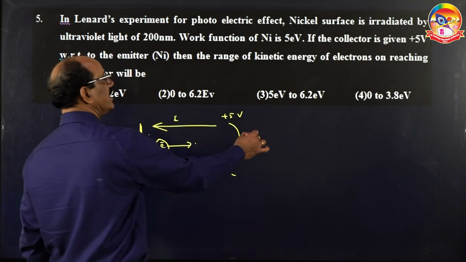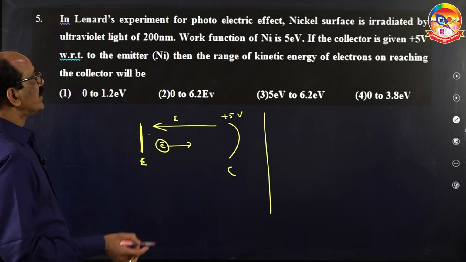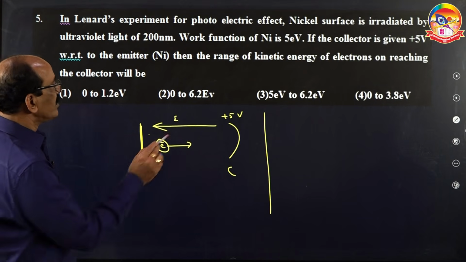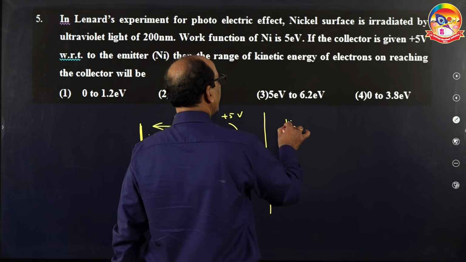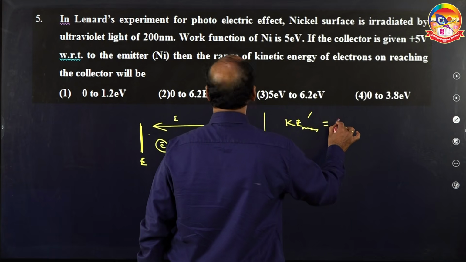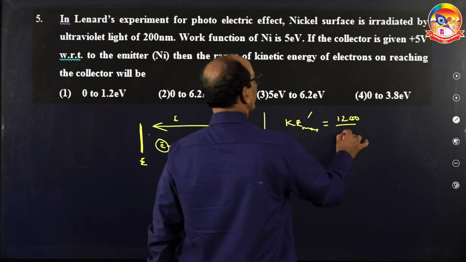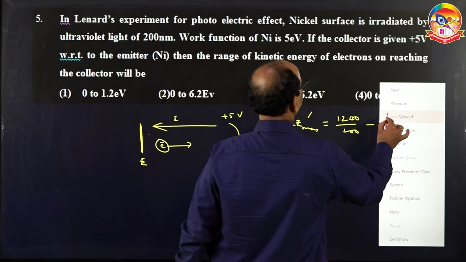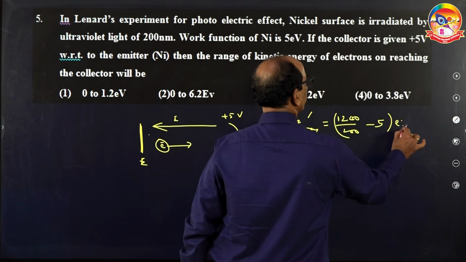First we will calculate the maximum kinetic energy of the photoelectrons without this applied potential to the collector. That is KE max, which would have been the energy of the photon, 1240 by 200, minus 5 electron volt.